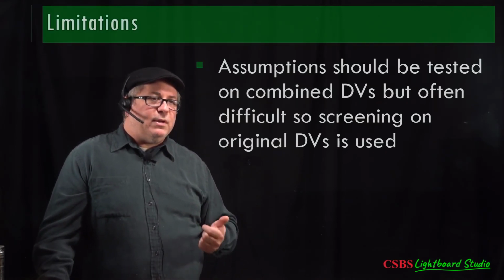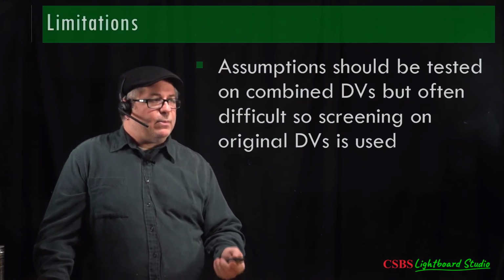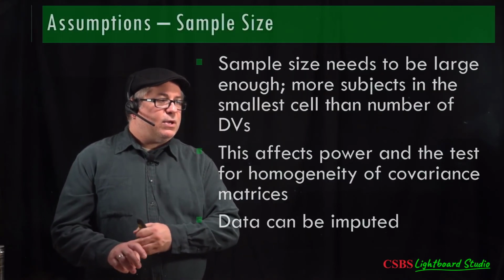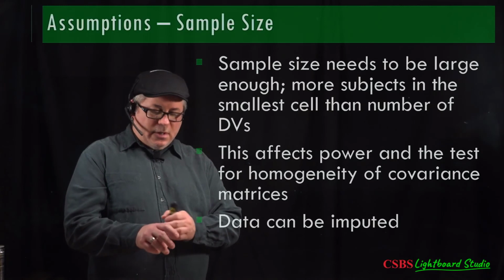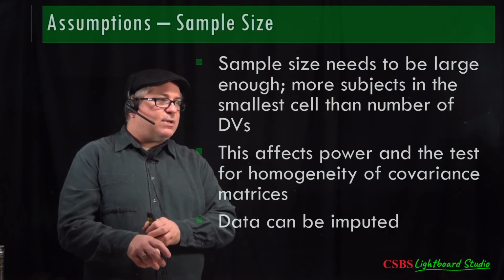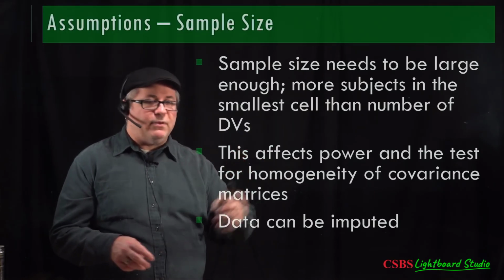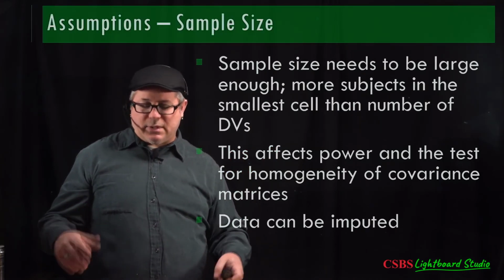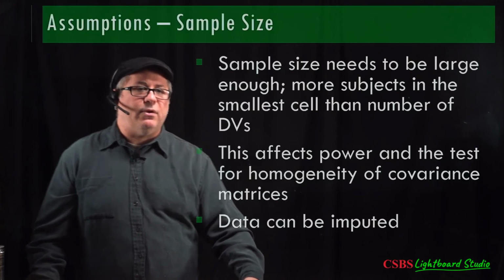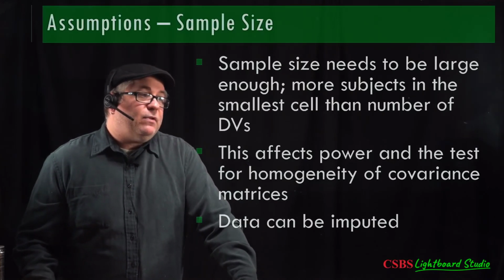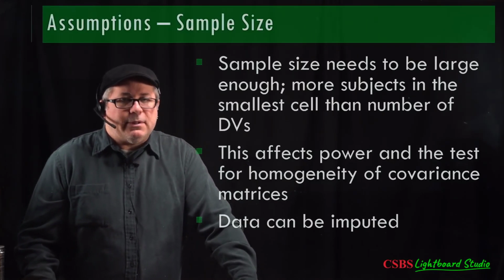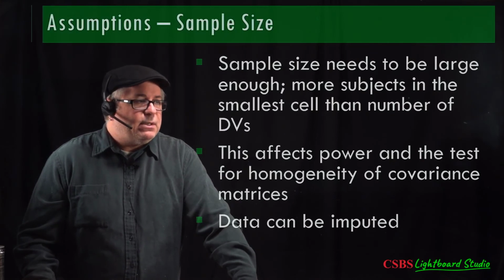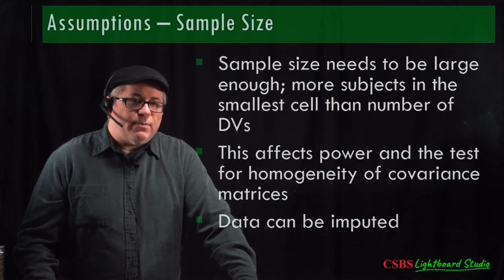With sample size, we're assuming that it needs to be large enough so that you have enough power. You need more subjects in the smallest cell than the number of DVs. That was the same thing we said for MANOVA. The same thing applies here. This affects the power, and it's going to affect the test for homogeneity of covariance matrices, in the same way we talked about in the last set of slides. Because it's really just an application of MANOVA, all the assumptions are essentially the same.